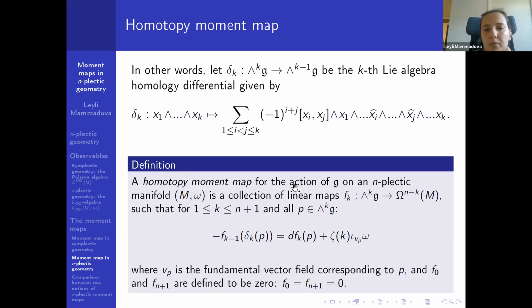And then a homotopy moment map for an action of G on a multisymplectic manifold is a collection of n linear maps, so linear maps from wedge k of G into the n minus k forms on M. So there are n maps and they satisfy n+1 equations like this.